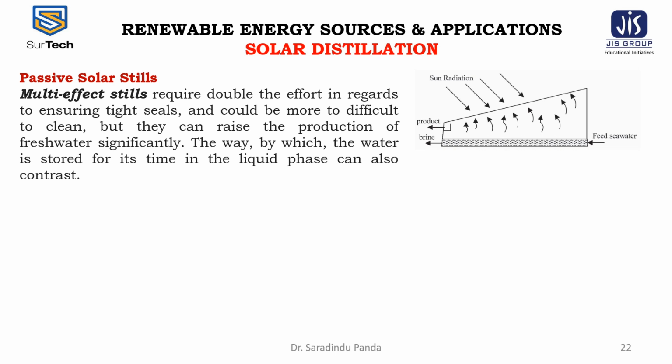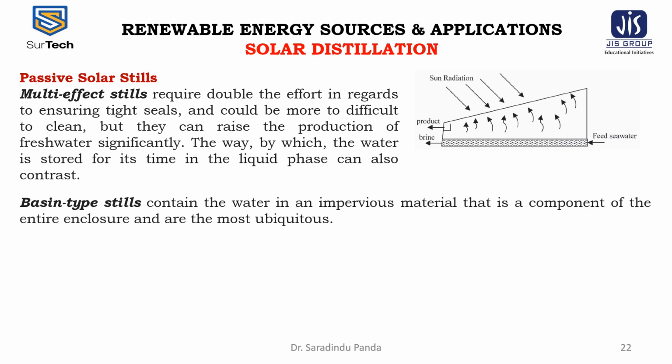The way by which the water is stored during its time in the liquid phase can also differ. Basin type stills contain the water in an impervious material that is a component of the entire enclosure and are the most ubiquitous.